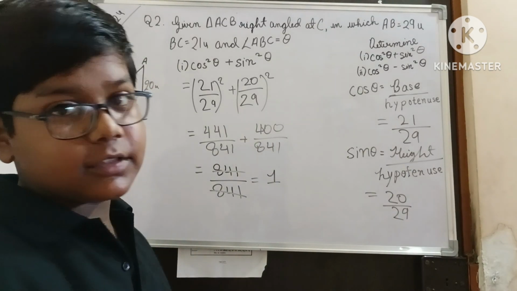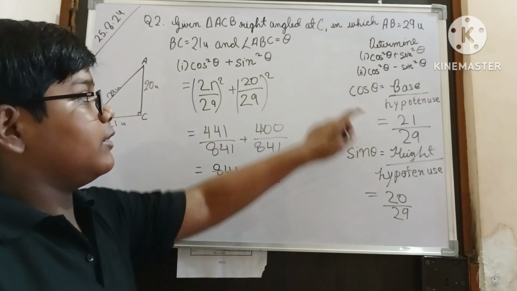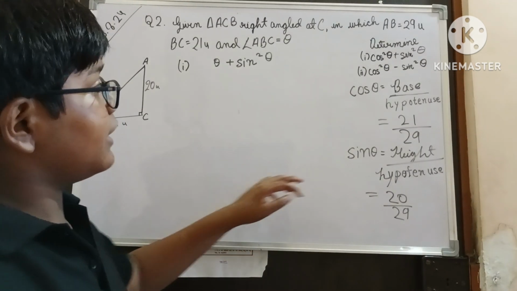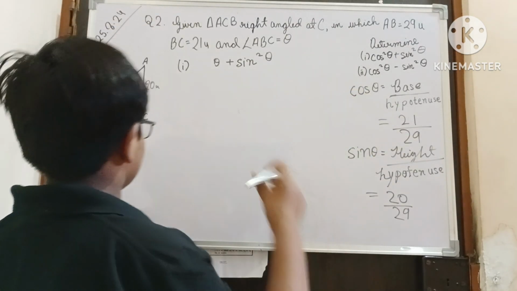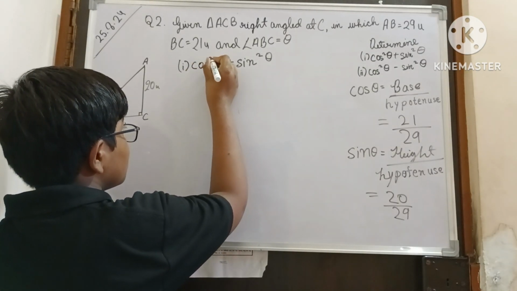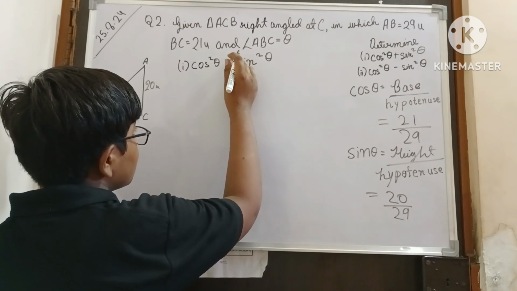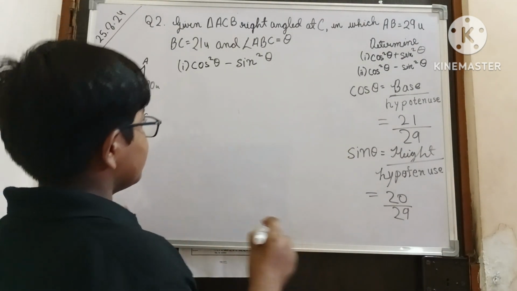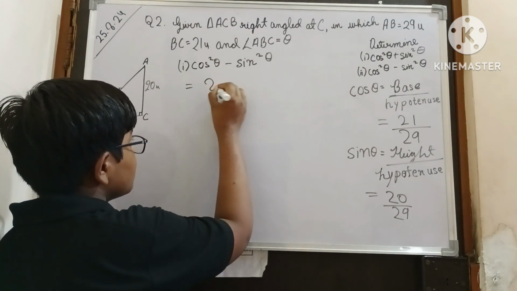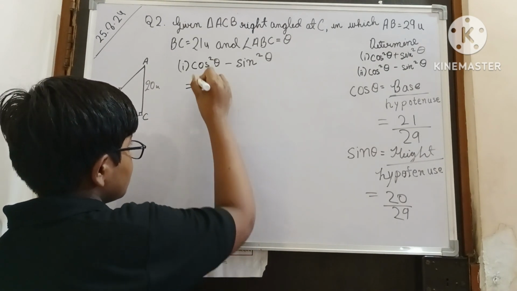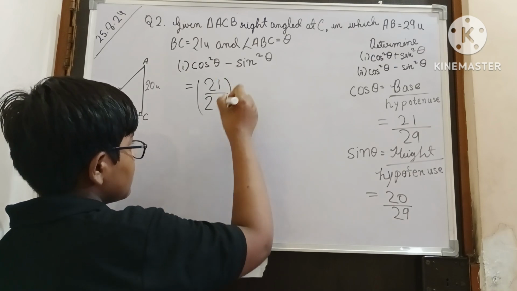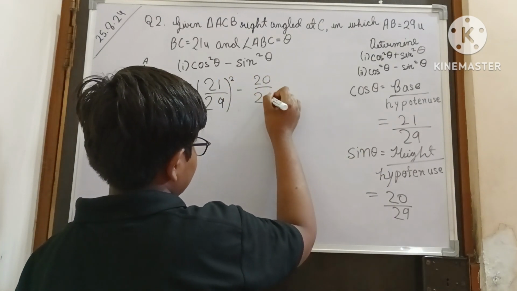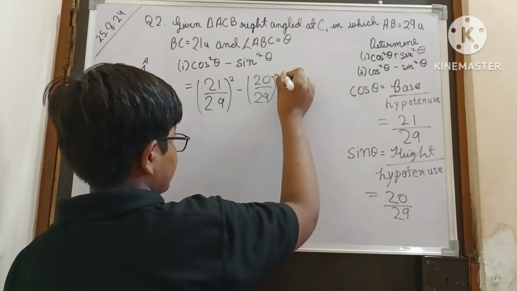So our first answer has come, and next we will find the cos squared theta minus sin squared theta. So now we will find the values of cos squared theta minus sin squared theta. Our value of cos theta is 21 by 29, which will be squared, and sin theta is 20 by 29, which will also be squared.